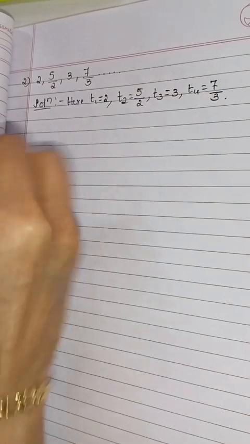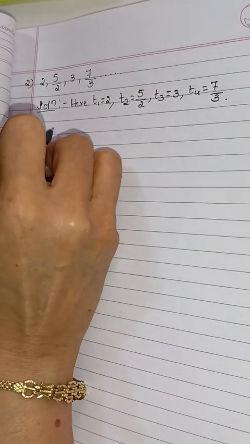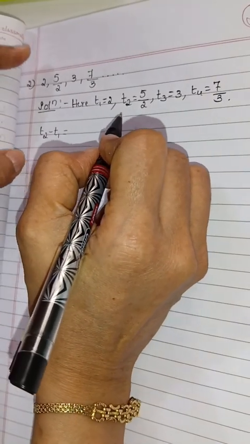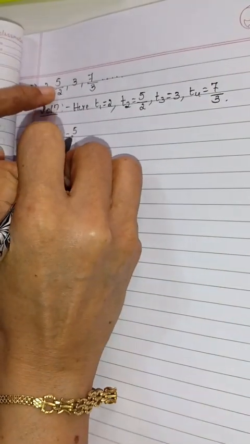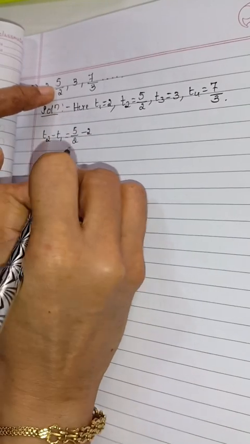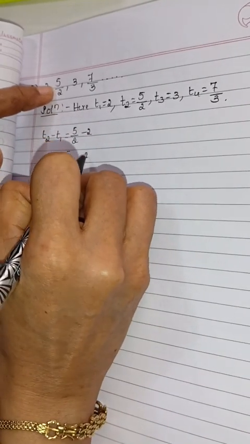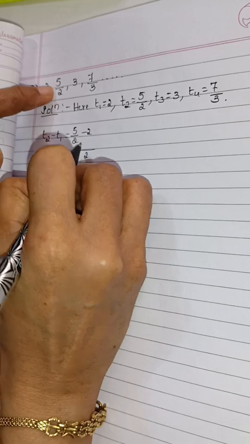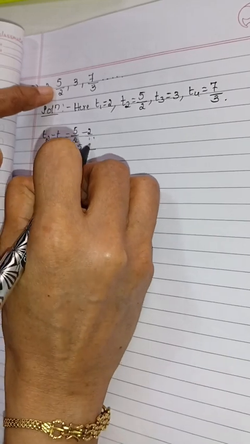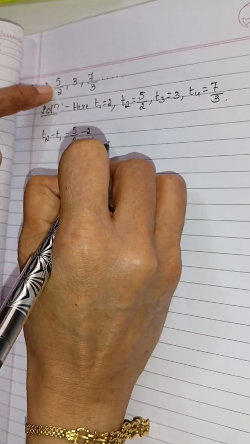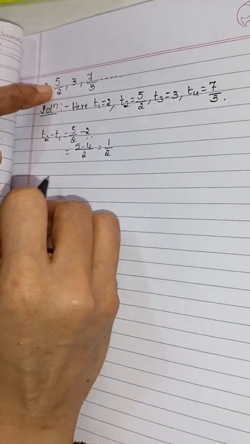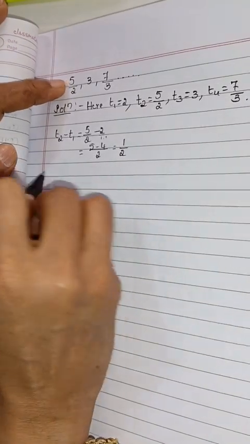Therefore T2 minus T1 is 5 by 2 minus 2. Here the 2 has denominator 1, so 2 twos are 4, that is 5 minus 4 is 1 by 2. T2 minus T1 is half, 1 by 2.